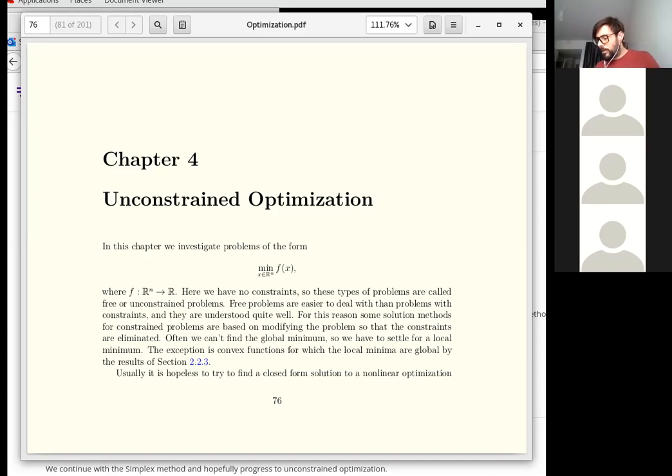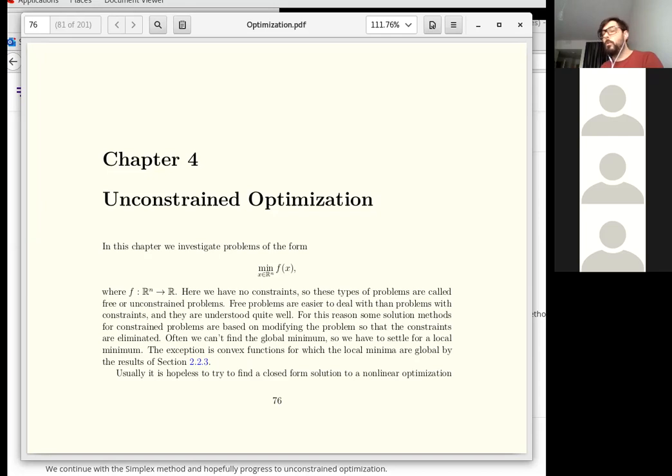So we have a point here. Here's our space. That's a point, right? You see the point there. A local optimum means that there is some region around this point, an open set like this, so that the point has the smallest value as long as we are inside this open set.